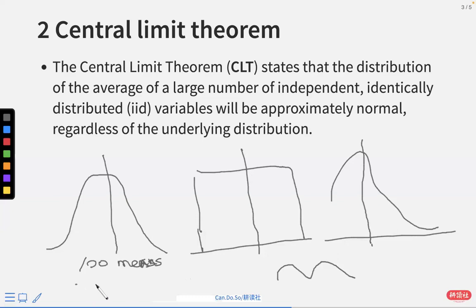Then these 100 means, no matter which distribution they came from, will be normally distributed. If the number is much bigger, say 1000, it will be even more normally distributed.